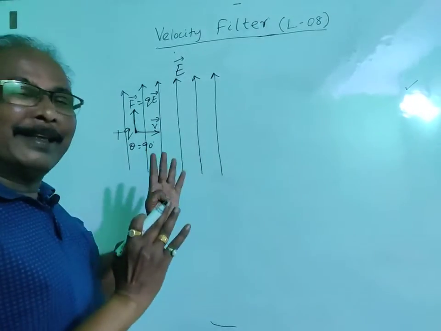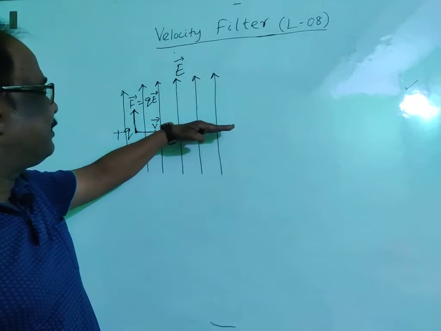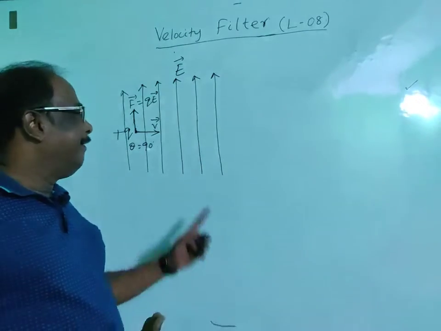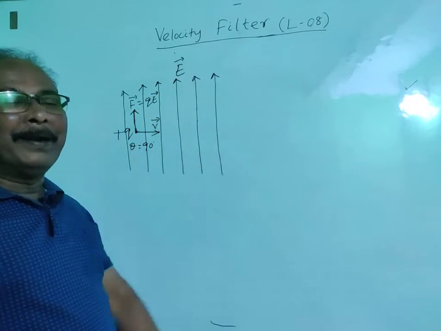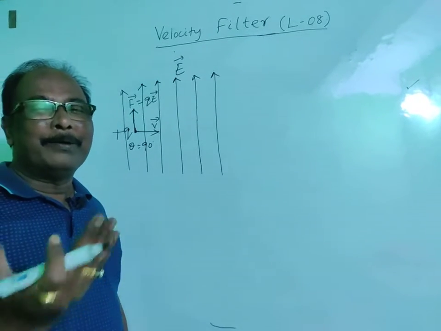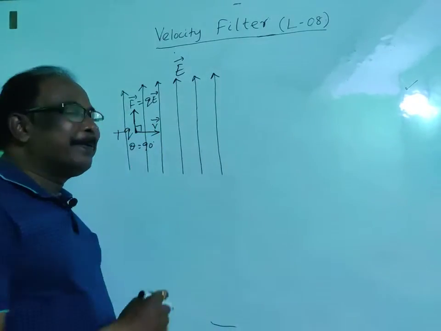Velocity is along the x direction and force is perpendicular to velocity. Obviously, it will change the direction of velocity without changing the magnitude of velocity, since the force is perpendicular to velocity.